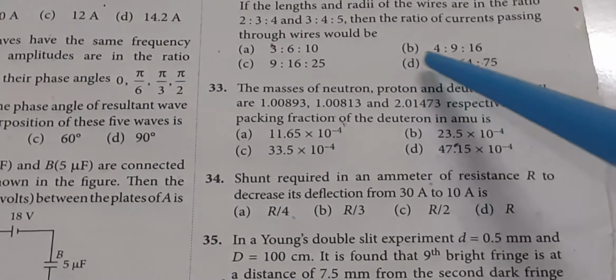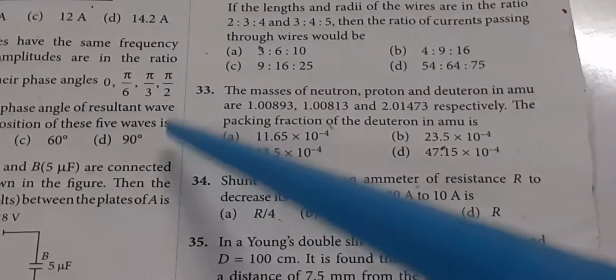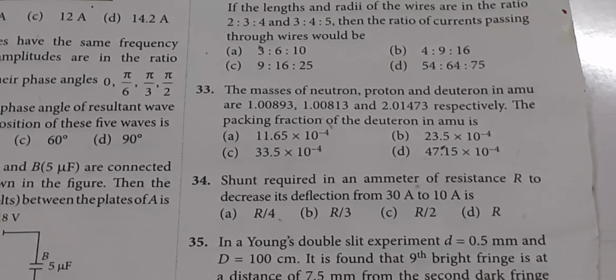Where is it? This one. Now come to the next job. The masses of neutron, proton, and deuteron in AMU are given respectively. The packing fraction of the deuteron in AMU is asked. The fundamental formula for packing fraction is mass defect divided by mass number.